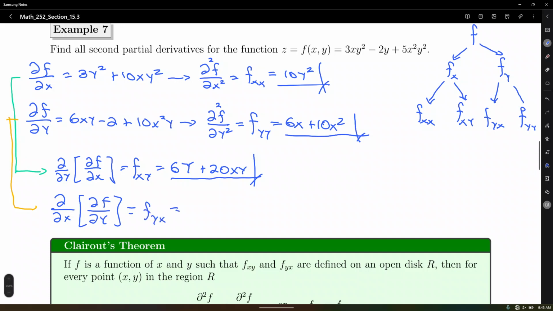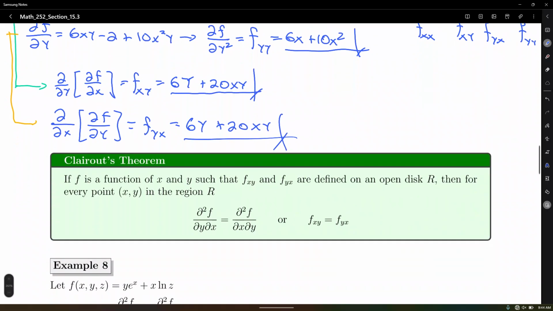This first derivative with respect to y, I will differentiate this time with respect to x. The derivative of 6xy, that's just the derivative of x, which is 1, times the remaining factors, that's 6y. The derivative of 2 is 0. The derivative of x squared is 2x times 10y, that's another 20xy.